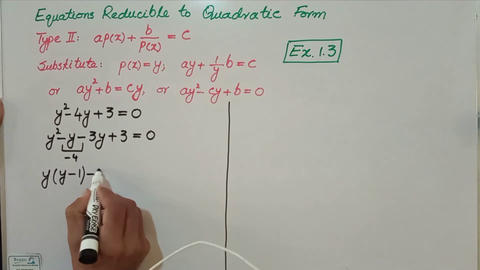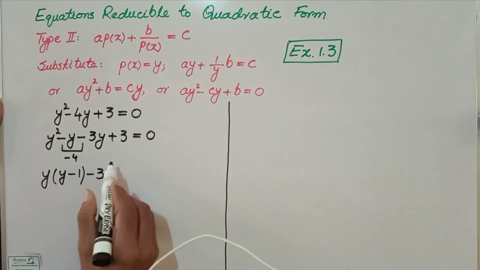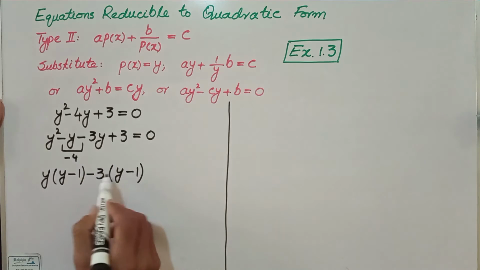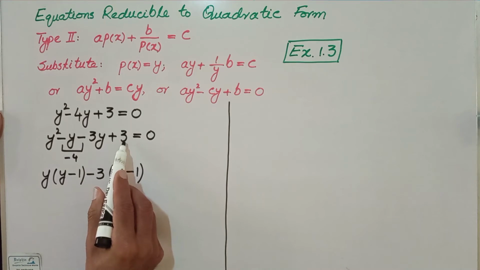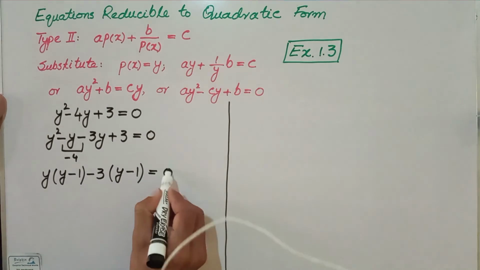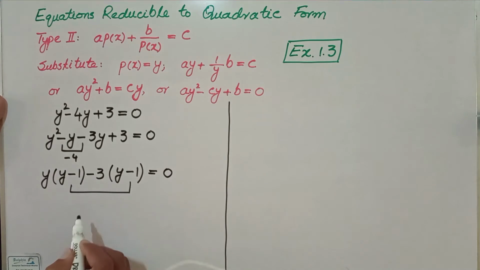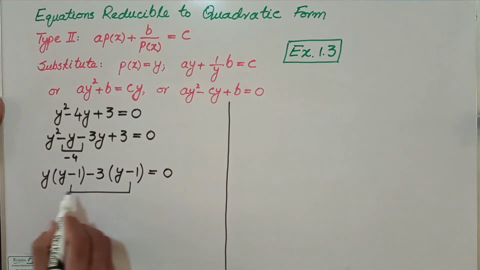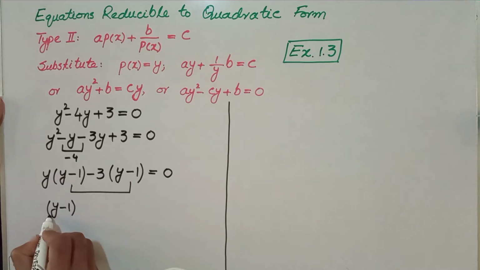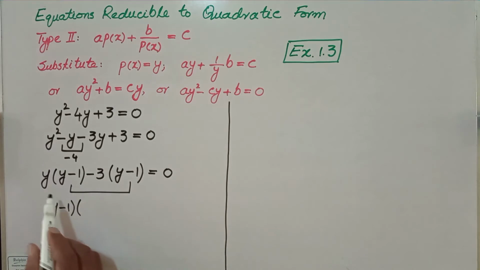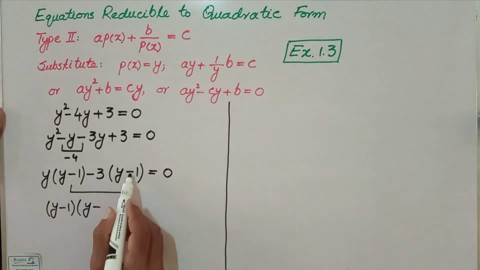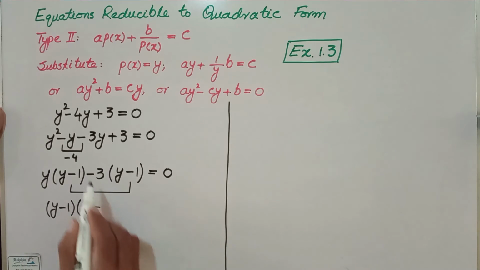From these two terms we take minus 3 common, and here we have y minus 1. 3y divided by 3 we have y, and then 3 divided by minus 3 we have minus 1. On the right hand side we have 0. Now these two brackets are the same. Again we take y minus 1 common. Y minus 1 into y, and from here y minus 1 is cancelled with y minus 1, and we have minus 3.